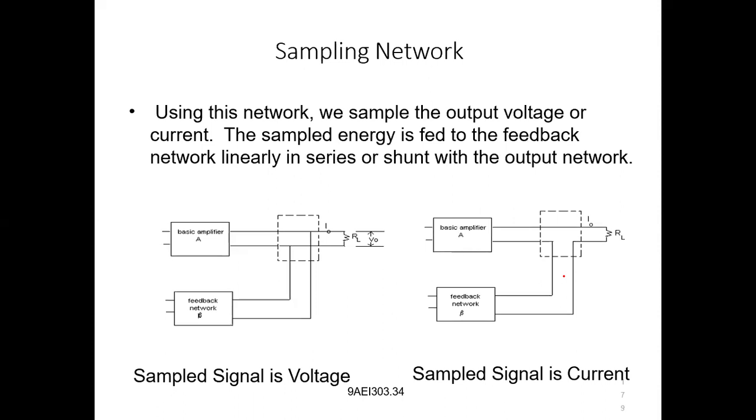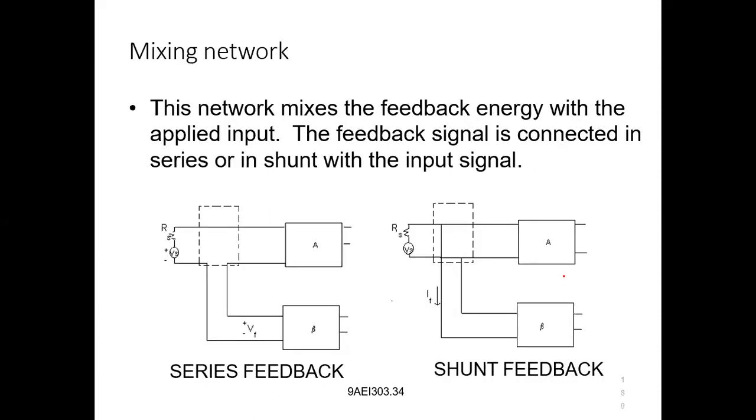Sampling can be of voltage or of current. For mixing, there is series feedback and shunt feedback. Series feedback means we are giving current, and shunt feedback means we are giving voltage.